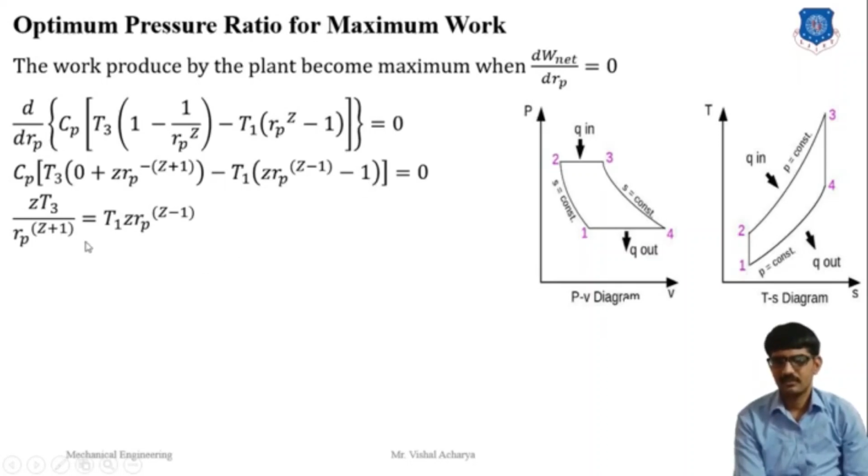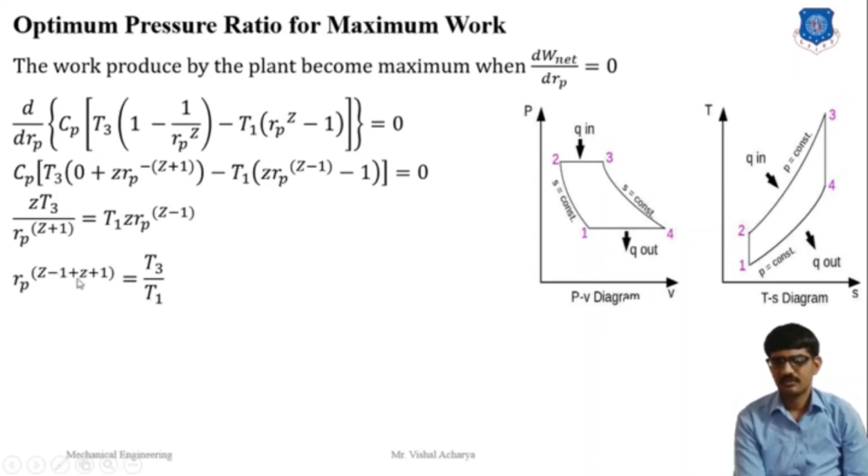Okay, here Z and Z cancel. Rp raised to Z minus 1 plus Z plus 1 gives Rp raised to 2Z, and T3 by T1.